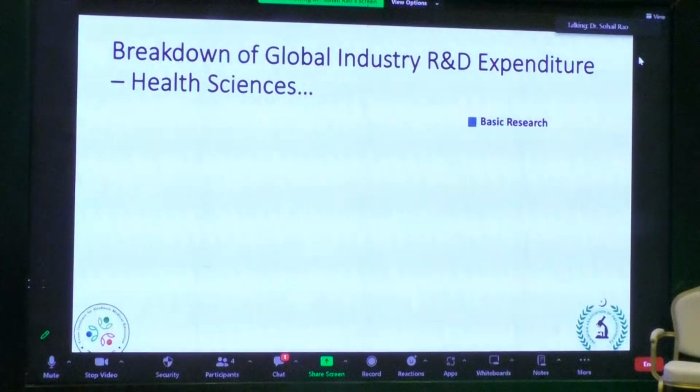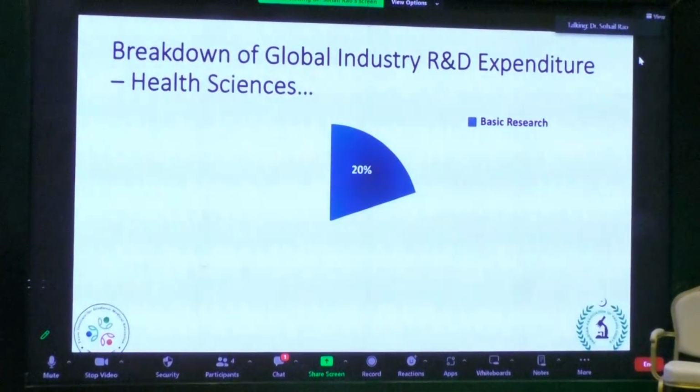If you then ask yourself, okay, in health sciences, what are they funding? Are they funding just the basic research? Are they funding translational or clinical research? You realize that of this $600 billion, 20% is going into basic research.